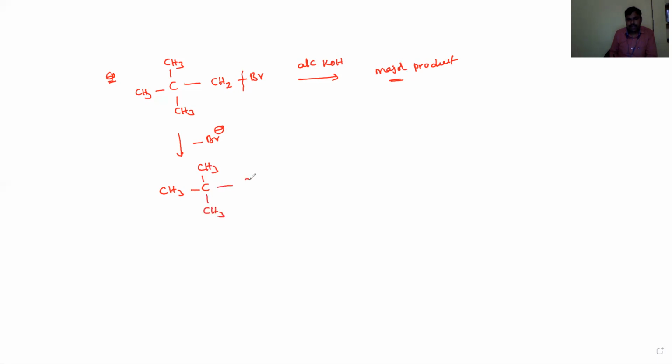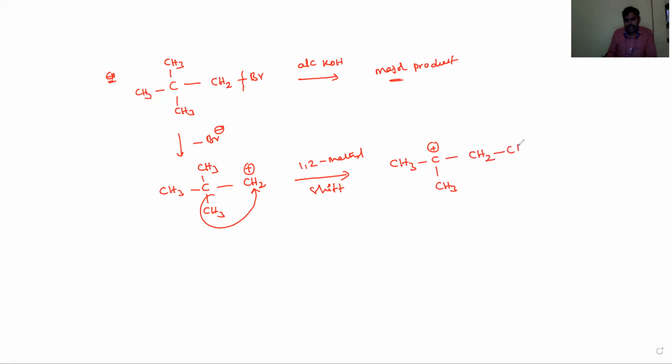And it is next to a quaternary carbon. Then immediately a methyl group shift takes place, a 1,2 methyl shift. This CH3 group will be shifted to here, producing a new carbocation intermediate, with CH2 bond CH3.